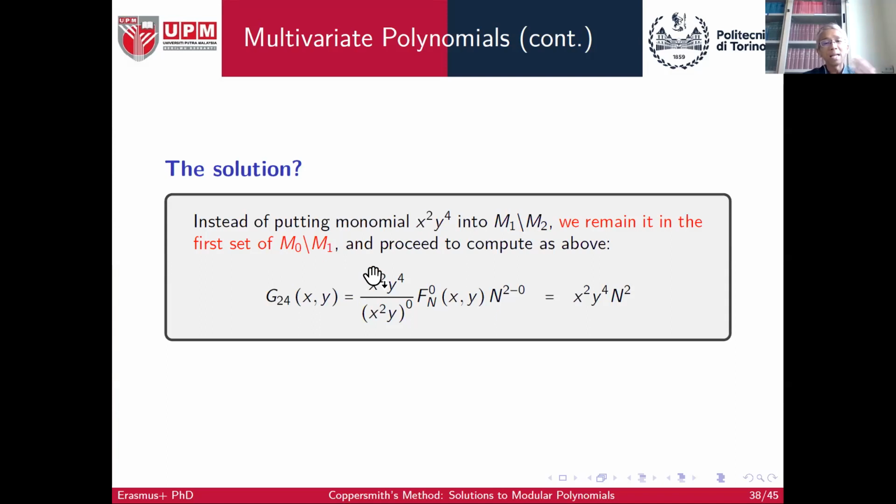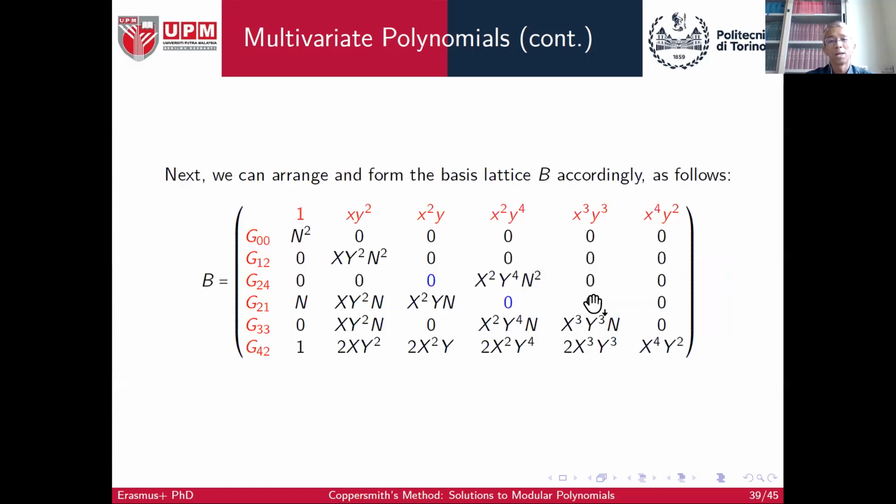So if we keep it in the first set, the division of x squared y power 0 will return to this form, and notice that x squared y cubed power 4 is in the original monomial set. And by doing that and rearranging accordingly, we can obtain the basis lattice B. This approach, like I mentioned just now, is actually quite similar to the approach done by Coppersmith.